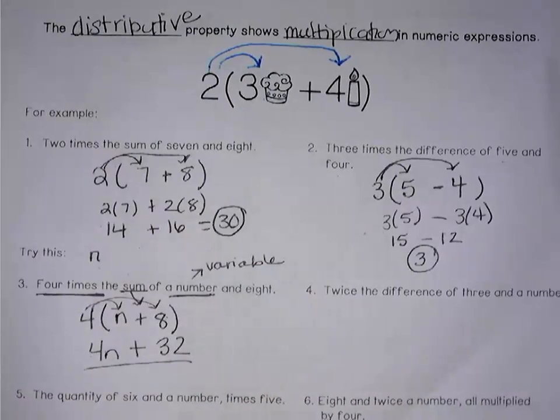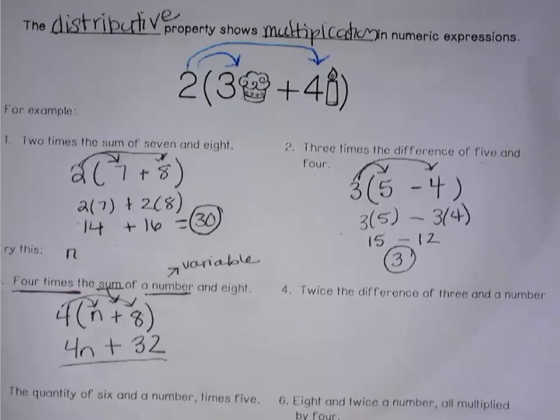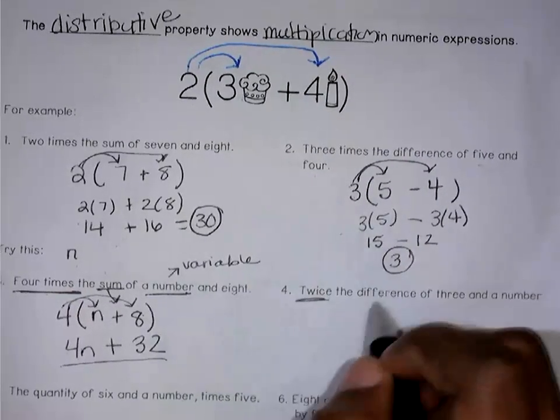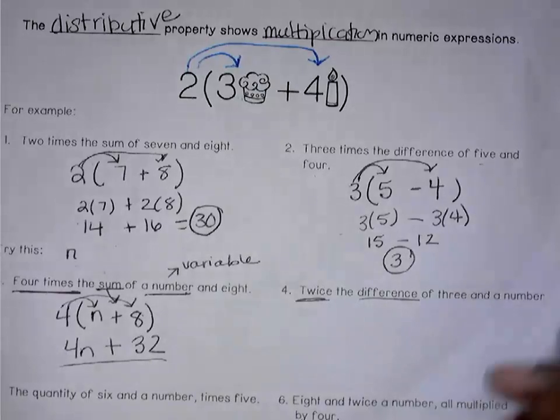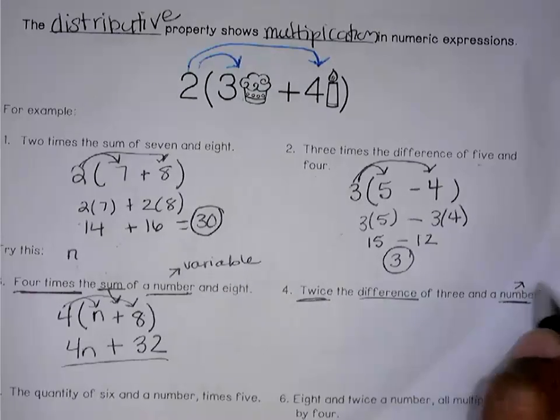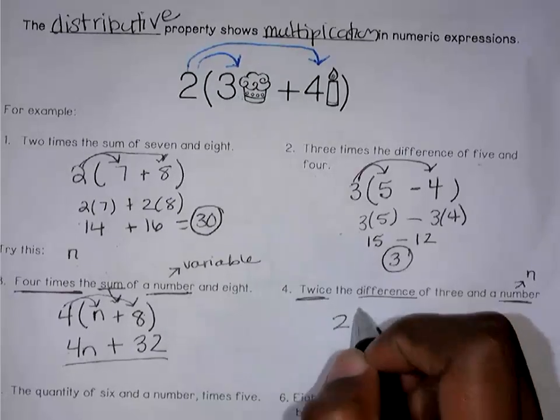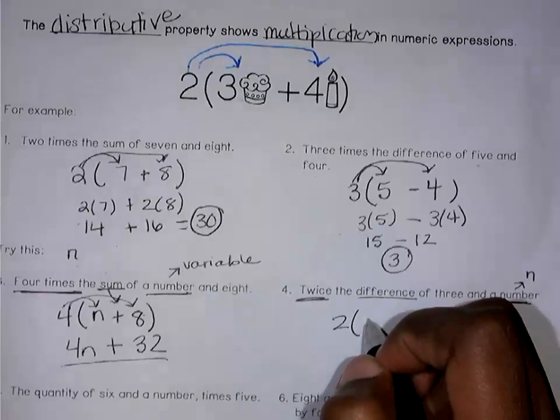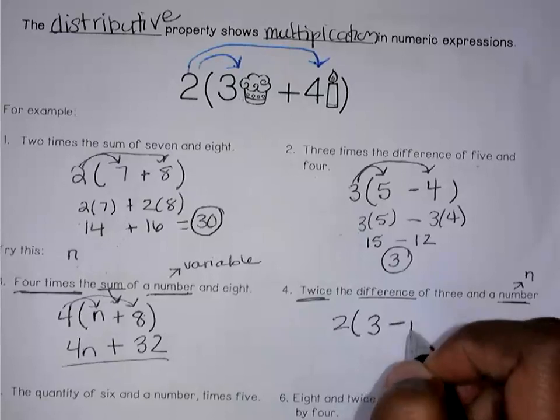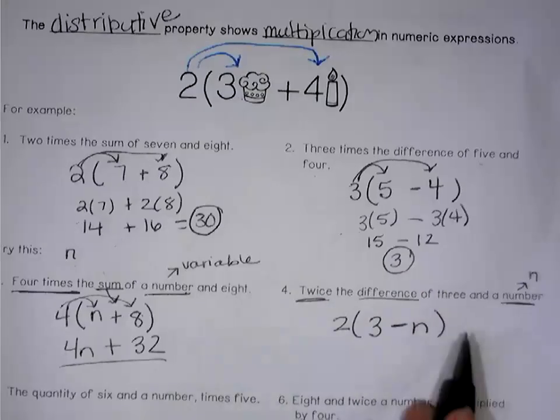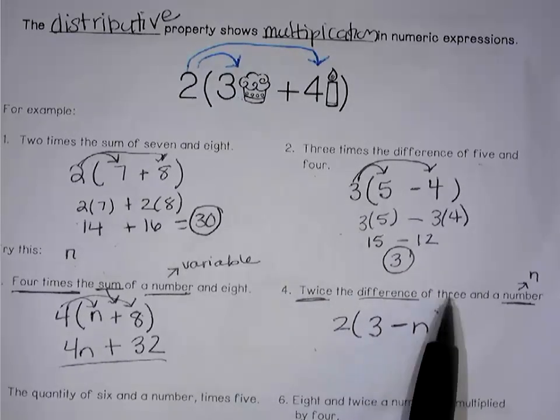Number 4 says twice the difference of 3 and a number. So if we know twice, we know that this is going on the outside, and difference is going to tell us to subtract, and a number, I know that's my variable, and I know that's going to be in, all right? So twice the number of the difference of 3 and a number. Okay, it's not n minus 3 because it says a difference of 3 and a number.